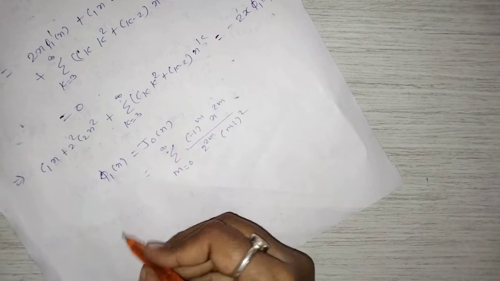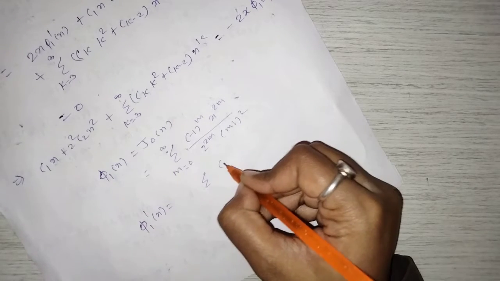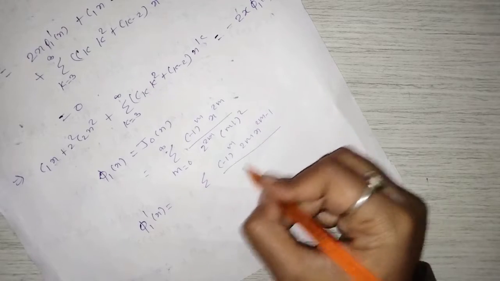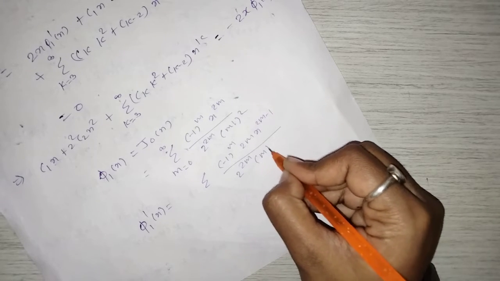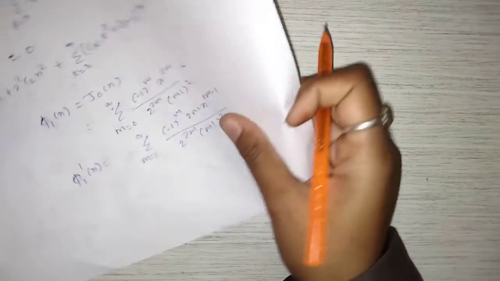Okay, now take the derivative phi 1 dash of x, we get summation minus 1 raised to m 2m x raised to 2m minus 1 upon 2 raised to 2m m factorial bracket square, m starting from 1 to infinity.